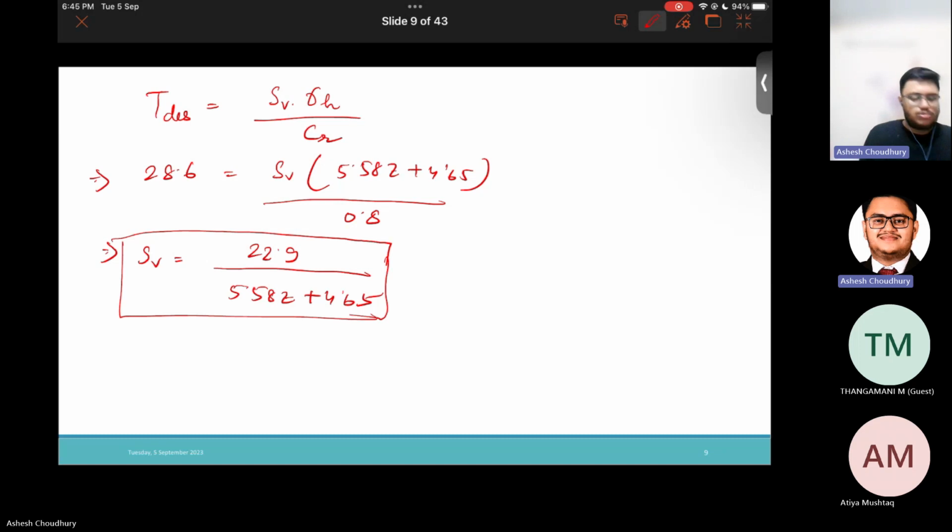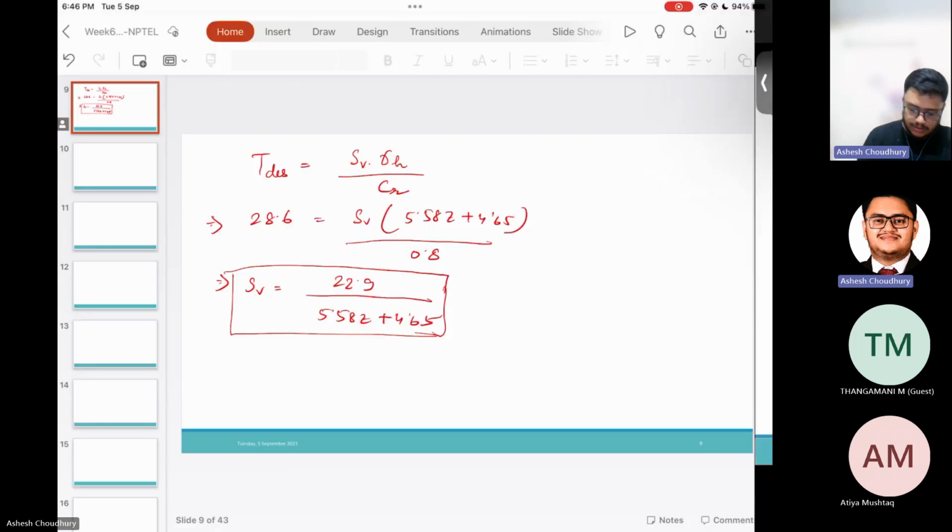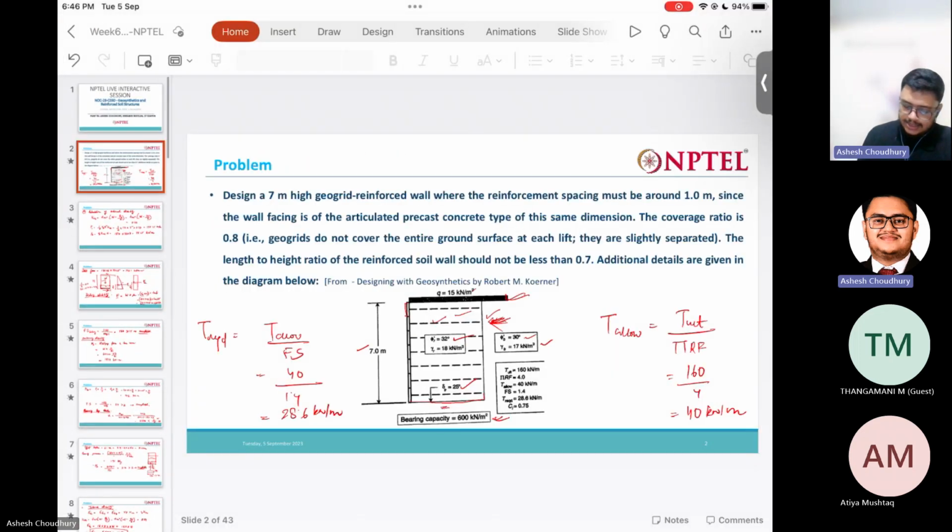All right, so now we can do some trial and error and then decide our spacing. Let us check for maximum depth. What is the height? 7 meters, right? If you remember the question, the spacing is fixed as 1 meter.